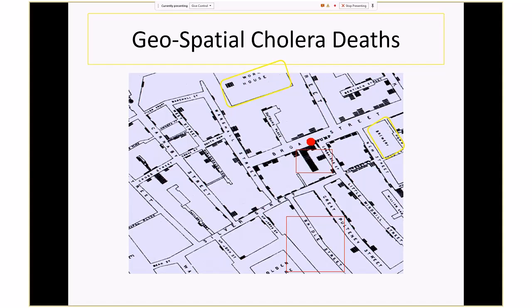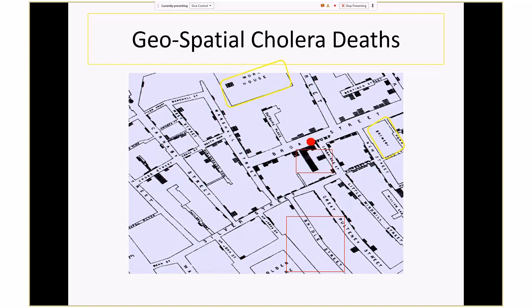People didn't really even understand about bacteria in those days, but he had a hunch that cholera was being transmitted through the water supply. And he wanted to show that. He had to demonstrate that to the government so that the water supply could be stopped. And so what he did was he had a map, and in this particular area where a lot of people died, this is where the water pump was.